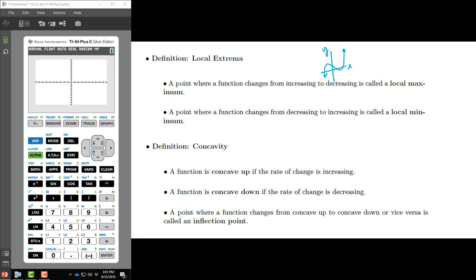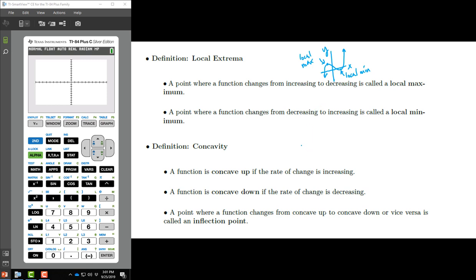Okay, so we would say this point up here, when I've reached the very peak of this hill, that is going to be my local max. And of course, then down here, when I've reached the bottom of this valley, that's going to be my local min. Okay, so it's literally just the top of a hill is the local max and the bottom of a valley is a local minimum.